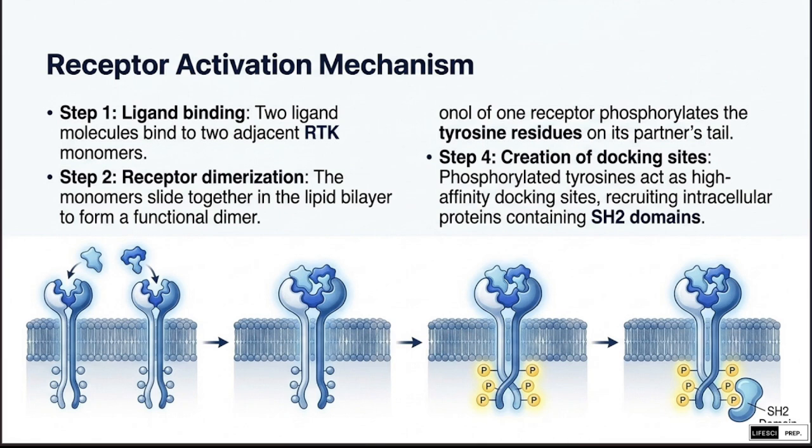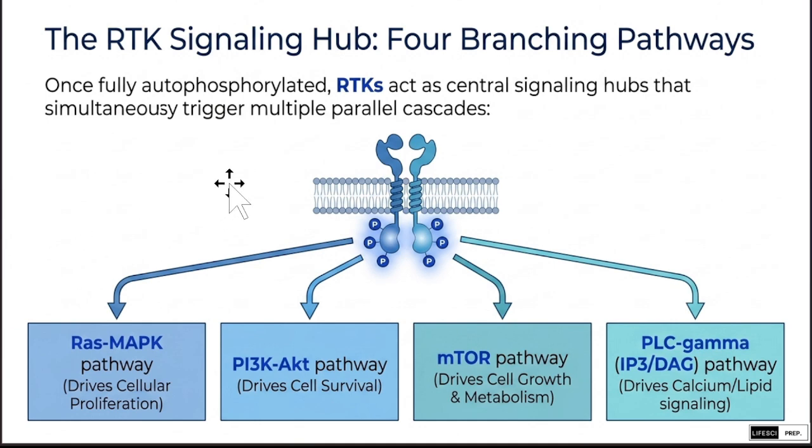After the phosphorylation occurs, the phosphorylation sites act as high affinity docking sites which recruit the SH2 domain. The RTK signaling hub activates different signaling as multiple parallel cascades, where it activates the RAS-MAP pathway, PI3K AKT pathway, mTOR pathway, and PLC gamma pathway.